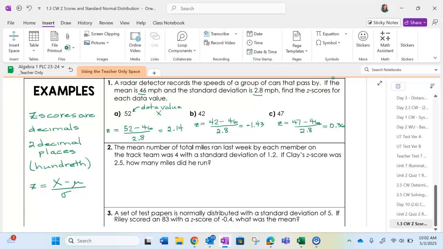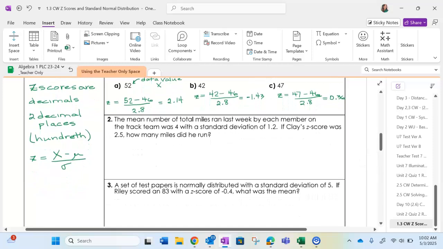So it's just a little bit bigger on the positive side of the mean. So it's between the mean, which is 0, and 1 standard deviation. Okay, so it's important that we understand what a z-score represents.